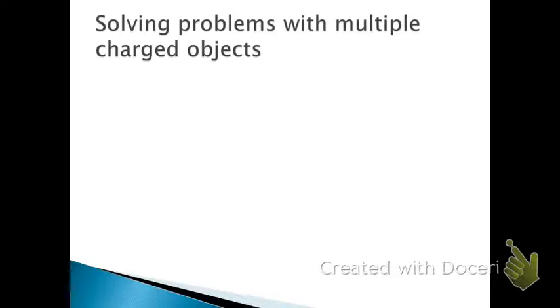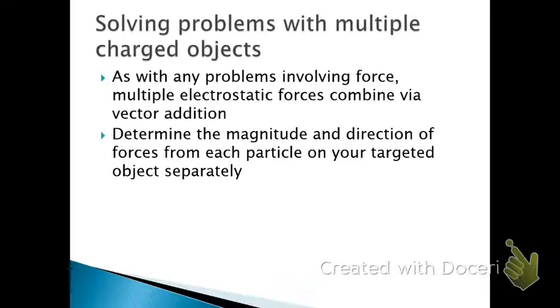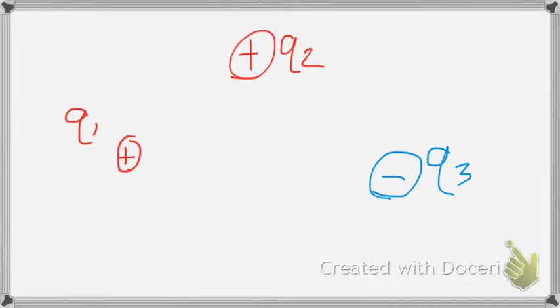If you come across multiple objects with charges, and you need to find the net force on, let's say, one of them, here's the best way to do that. Just like every other problem we've done that involves force, start by finding each force individually. And then you'll use some vector addition. So, let's say I've got 3 objects. I'll call them Q1, Q2, and Q3, just because I'm that fancy.